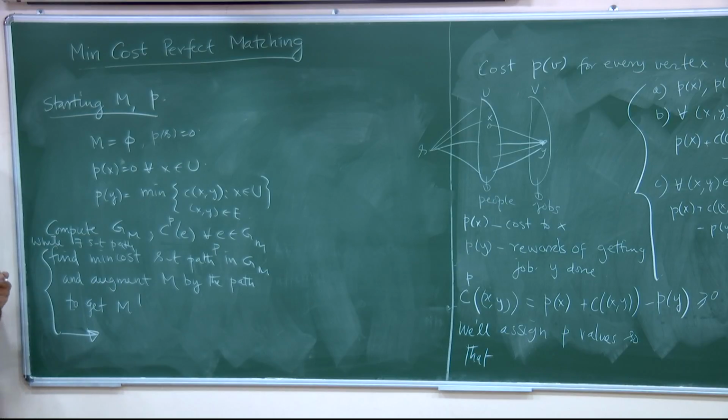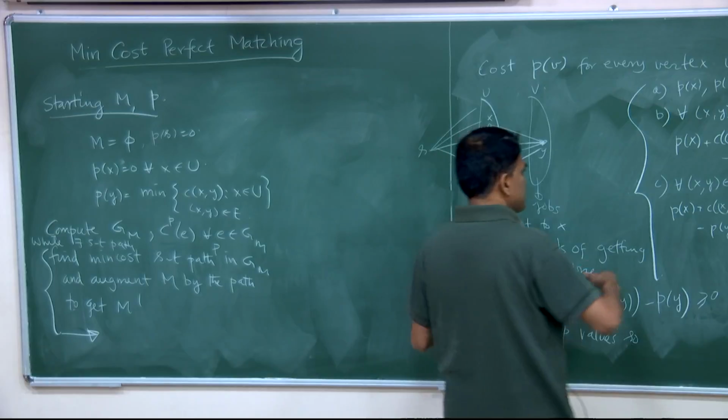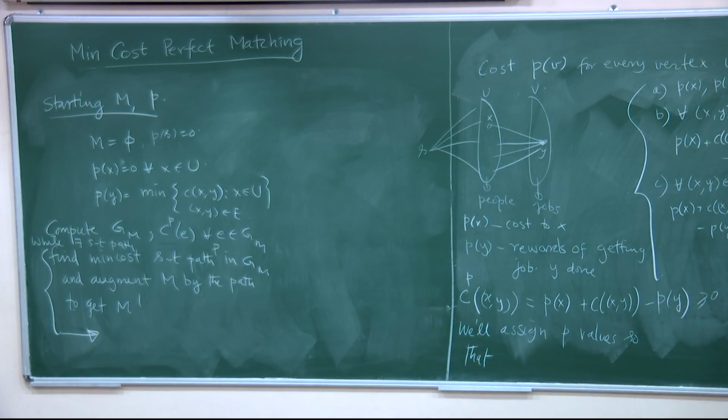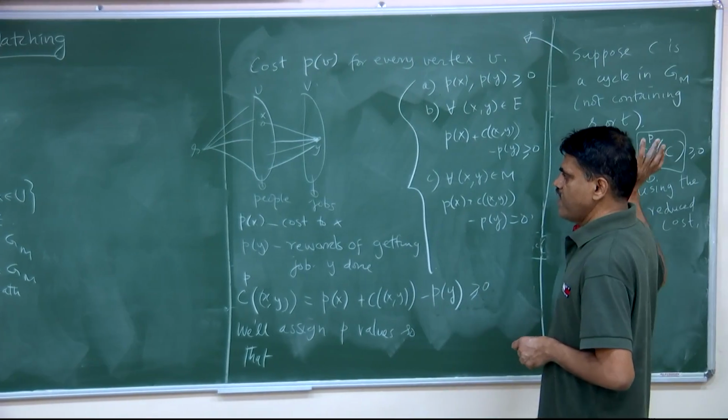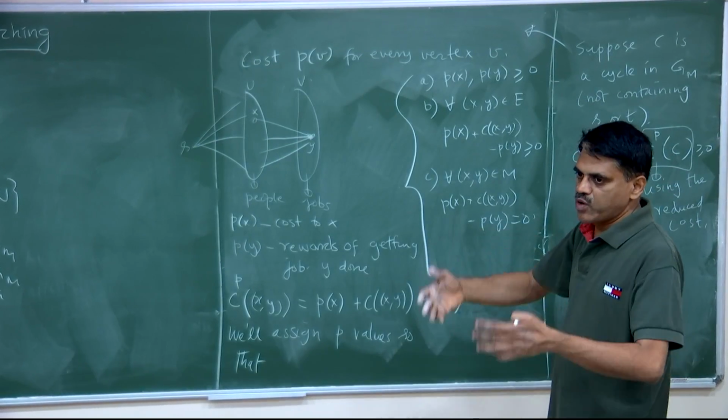Right. I start with an empty matching. The reason this P plays a role is that I ensure that I have no negative weight cycle in the residual graph. If my P and M satisfy this condition, then I find the shortest cost path in the residual network. Then I augment, so increase the number of edges by 1 every time.